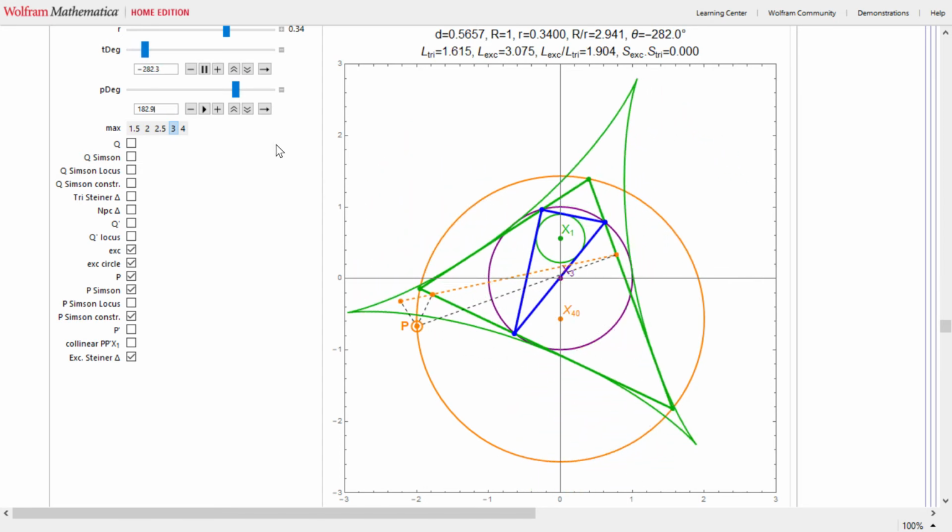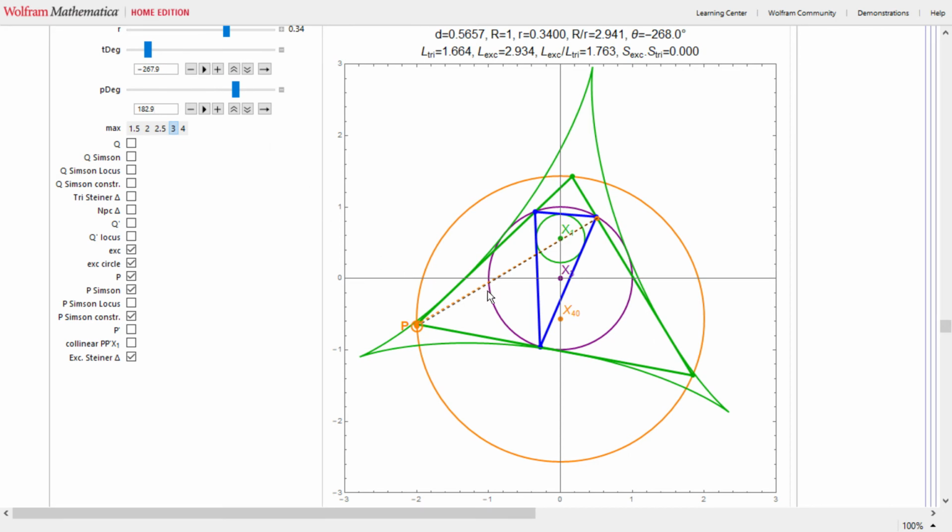Now there's something really interesting here. The circumcircle of a reference triangle is the 9-point circle of the excentral. So the Steiner deltoid's 9-point circle is this purple circle, and it is internally tangent to it at 3 points.